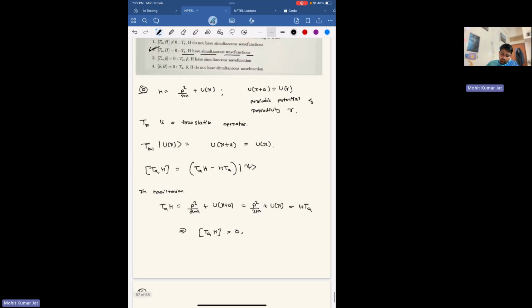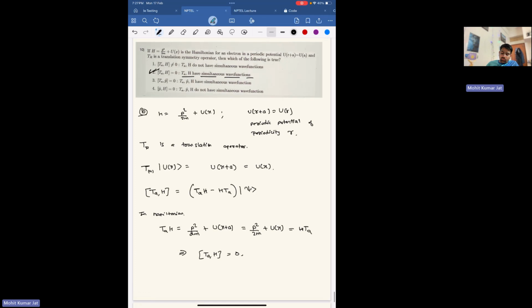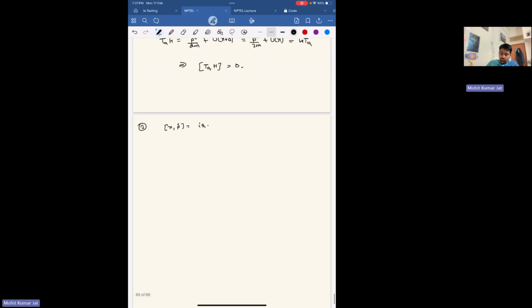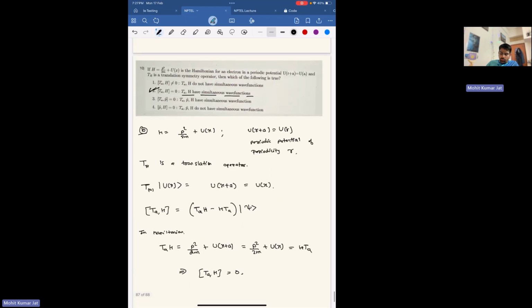I will check T_a and P is equal to 0. T_a, P and H have simultaneous wave function. Okay. So P, we know that X and P don't commute with each other, they give i h bar. They are not equal to 0. So T_a is the translation operator.